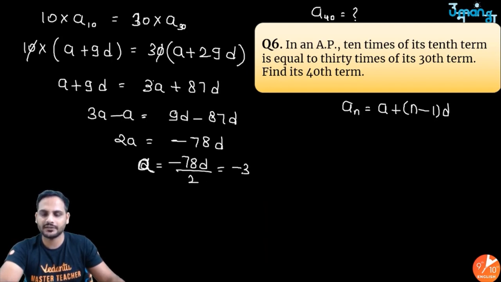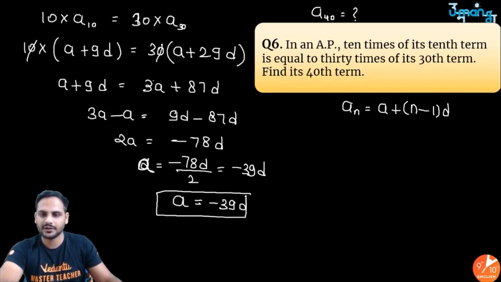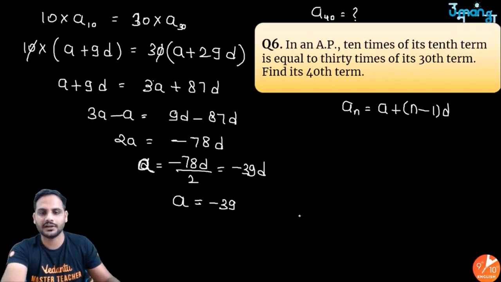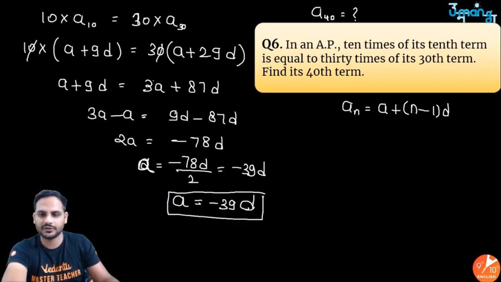That is minus 39D. So I have got the first term is equal to minus 39D. Other than that, there is no other equation given to us in this question so that we can find the value. So this is the only value which we can get from this equation. A is equal to minus 39 times of D. Nothing else, no other information is given, so I will go with this information.